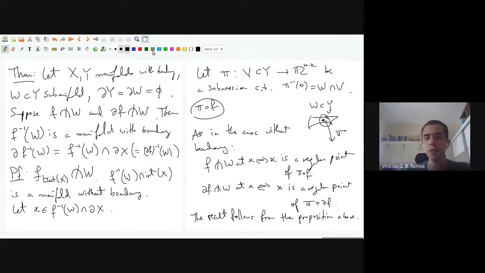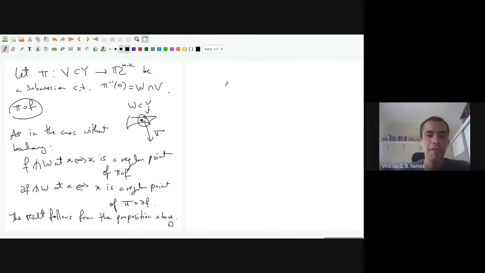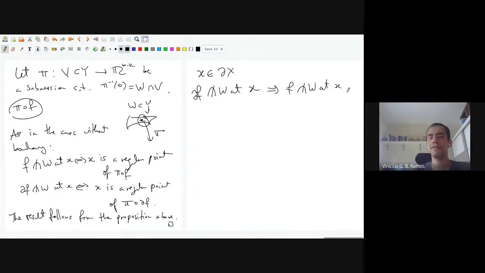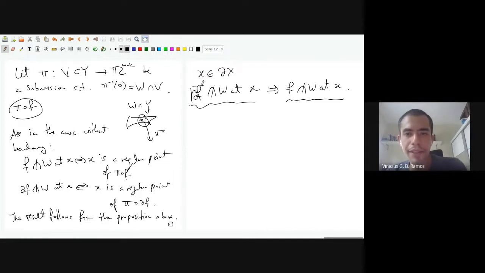Okay, and I guess one remark that's not even about the proof, but just about the definition, is if x is a point on the boundary, then the boundary of f being transverse to W at x implies that f is transverse to W at x. Because this condition is stronger than this condition.